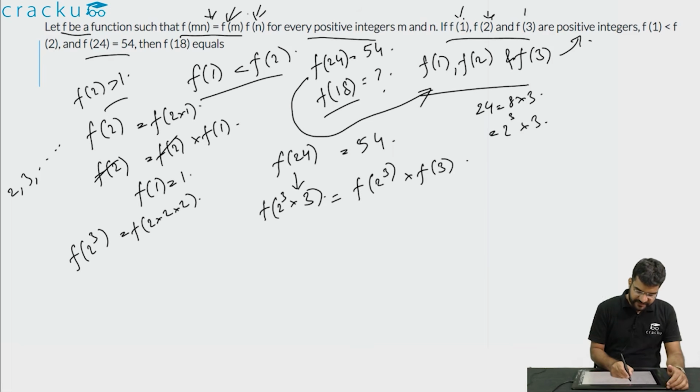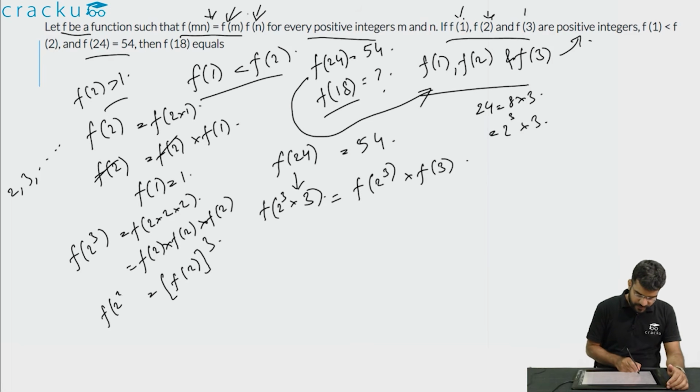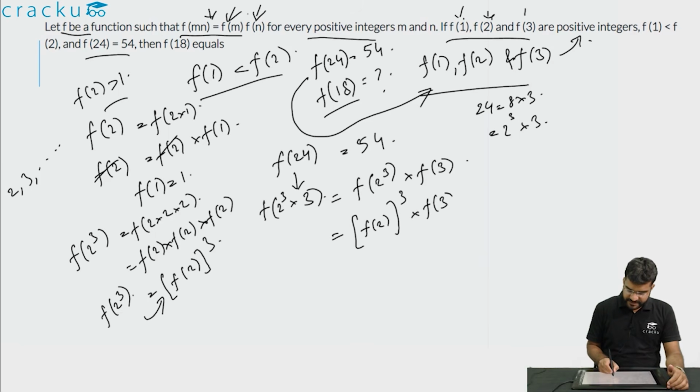So again from the given equation, this can be simplified as f of 2 into f of 2 into f of 2. That is, this is equal to f of 2 whole cube. Therefore, f of 24 is equal to f of 2 whole cube into f of 3. This we are told is equal to 54.